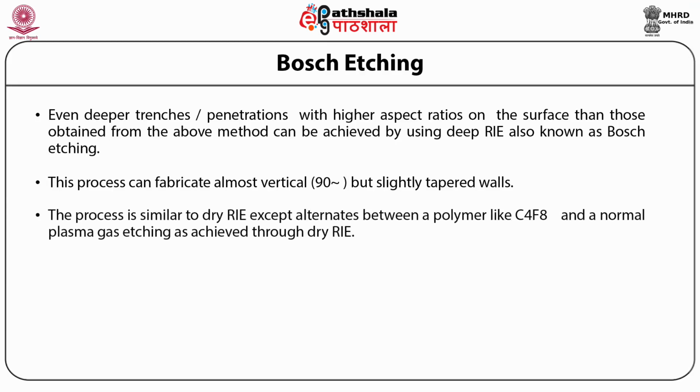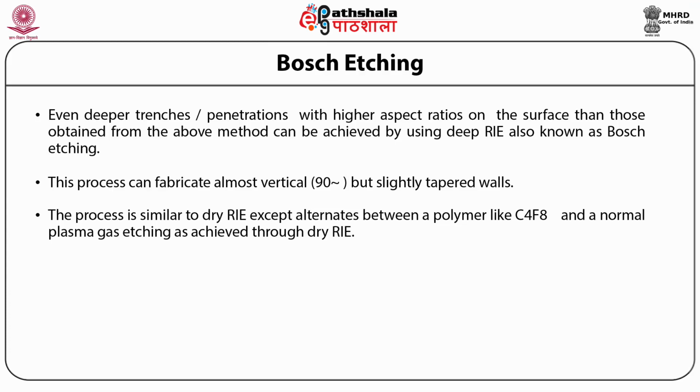The process is similar to dry reactive ion etching except it alternates between a polymer like C4F8 and a normal plasma gas etching as achieved through dry reactive ion etching.